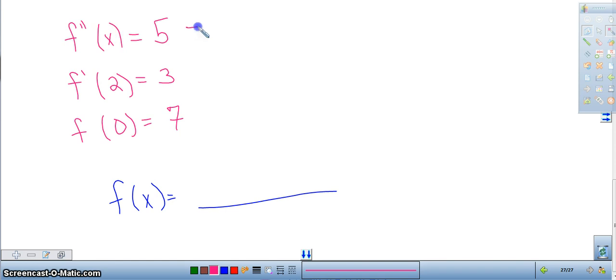I'm going to go up here to the starting point. If I integrate my second derivative, that would give me my first derivative. So I'm going to integrate 5 dx, and that gives me 5x plus c.